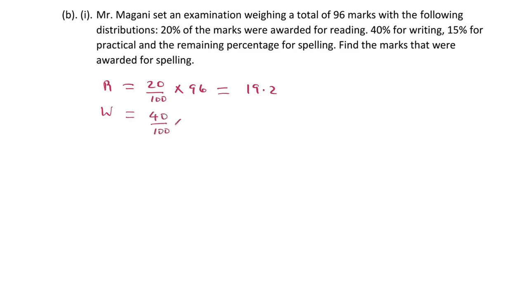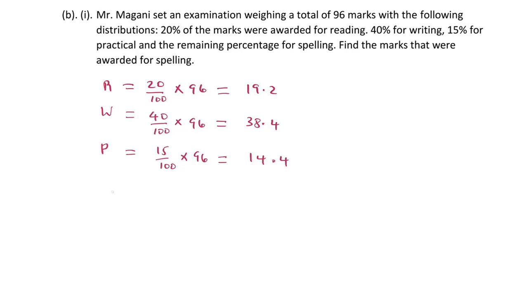And also the marks for writing is going to be 40% of 96, which equals 40 over 100 times 96, of which after solving the values we are going to get 38.4. And also the marks for practical is going to be 15% of 96, which equals 15 over 100 times 96, of which solving this we are going to get 14.4.